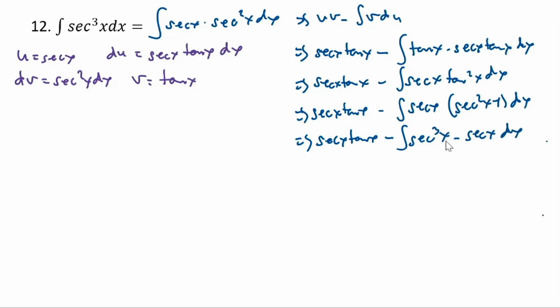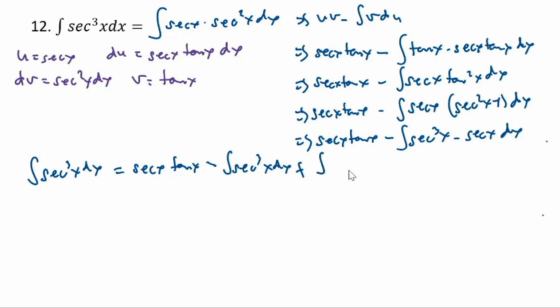Rewriting this one again, I will write first the original given, which is the integral of secant cube x dx, equal to secant x tangent x minus the integral now of secant cube x dx. Negative of negative secant x becomes now positive, the integral of secant x dx.